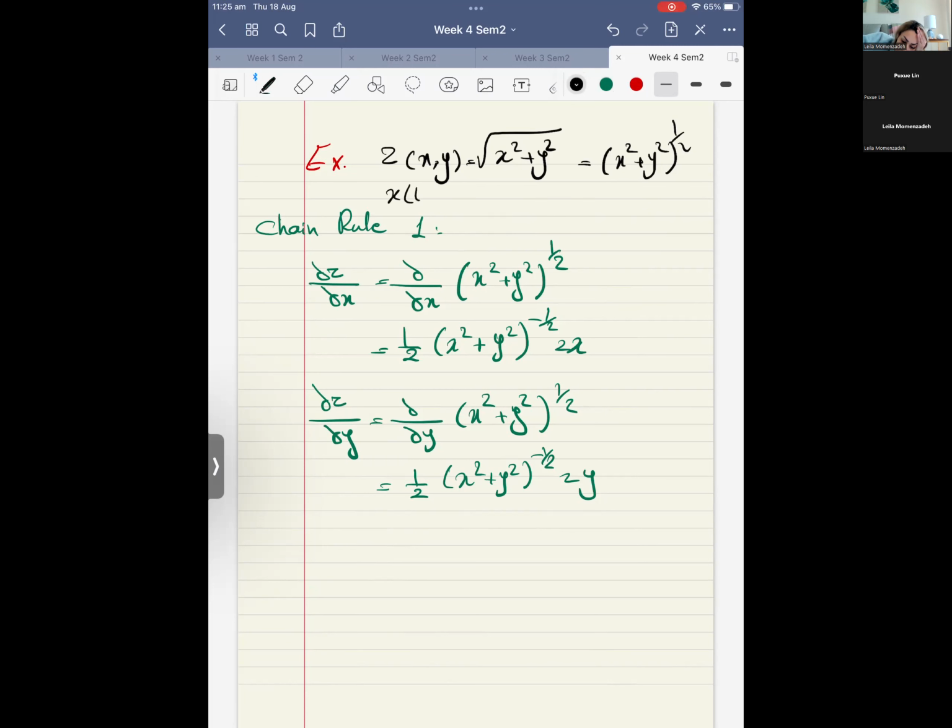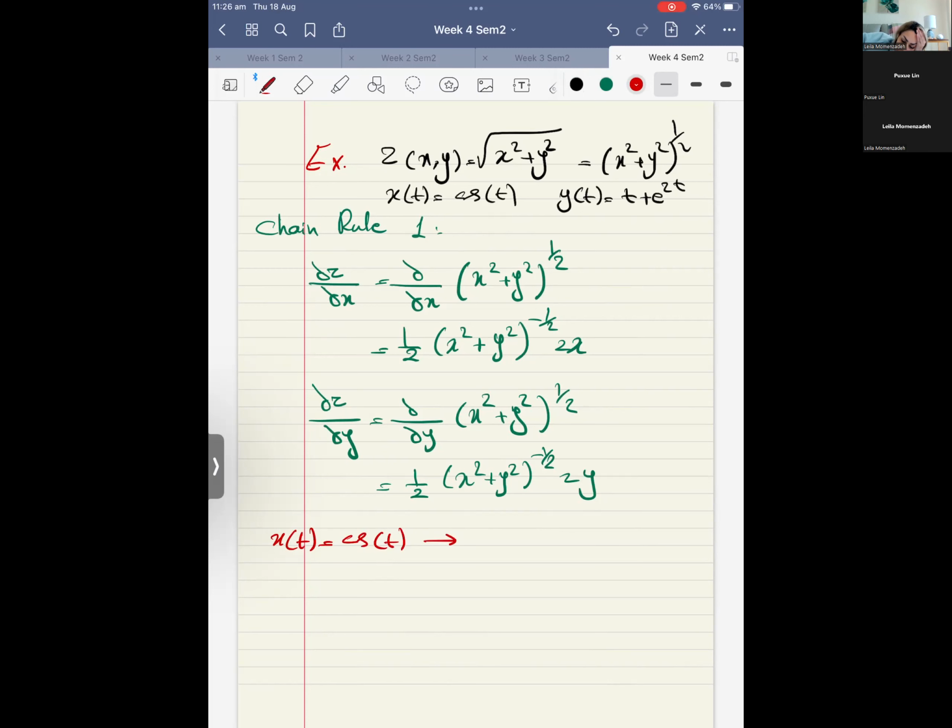Also, when x of t is equal to cosine t and y of t is equal to t plus e^(2t). Like you have these two, and also you have x(t) equal to cosine t.